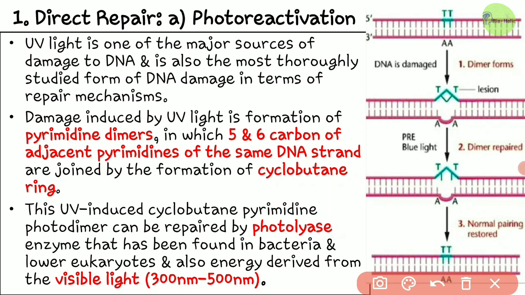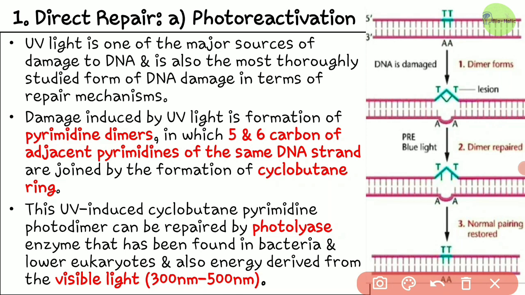That means a dimer forms between thymines or between cytosines, in which adjacent pyrimidines of the same DNA strand are joined by a cyclobutane ring, resulting from the saturation of the double bond between carbon positions 5 and 6. The formation of such dimers can distort the structure of the DNA chain and block transcription and replication past the site of damage. So their repair is closely correlated with the ability of cells to survive UV irradiation.